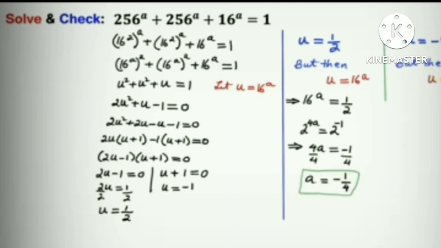But then we know that u equals 16^a. So that means we are going to get 16^a equals negative 1. And we know that this exponential function cannot be equal to a negative number. So this is impossible. So therefore this scenario is rejected.